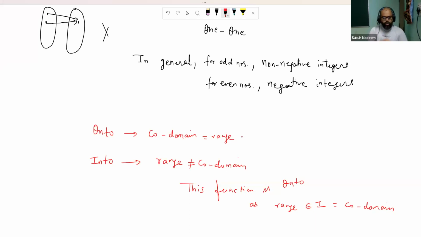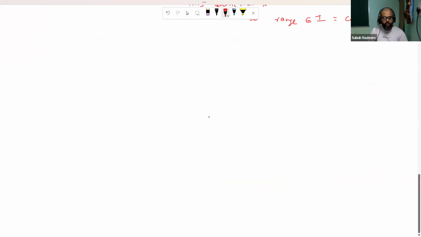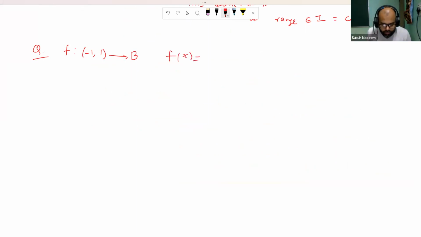You have done inverse trig also. So there is a question which is a merge of functions and inverse trigonometry. It says, let f from [-1, 1] to B be a function defined by f(x) equal to tan inverse of 2x by (1 minus x square).